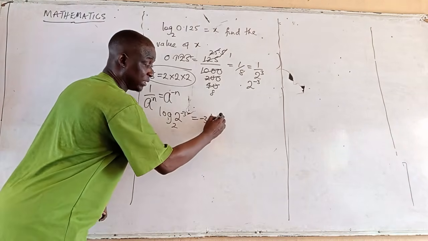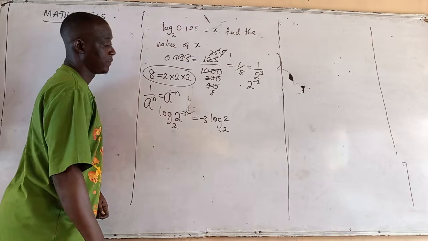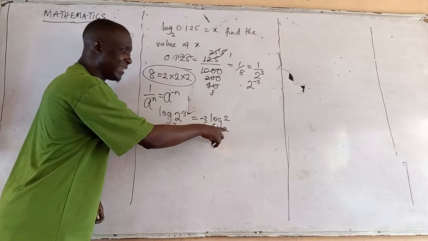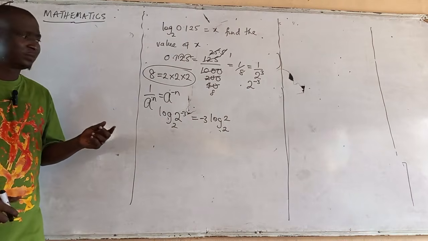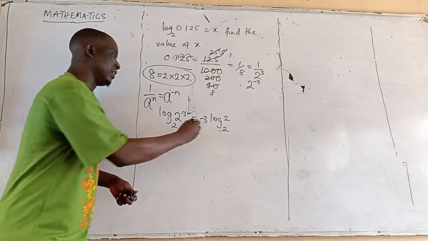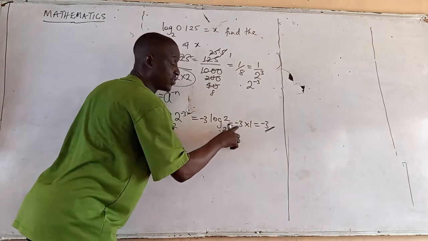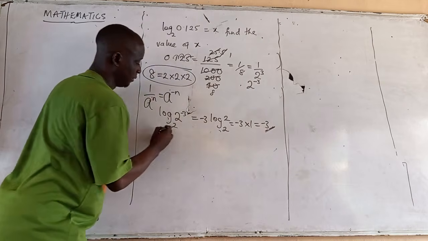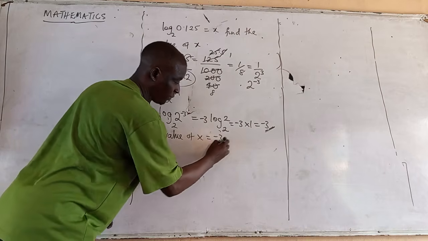You multiply the entire logarithm, abi? 2 to the power of 2, abi now? Now, what is it when the power and the base are the same? I also give you a law. Excellent. So that means you got 1, because minus 3 times 1 was what? Therefore, the value of x is equal to what?